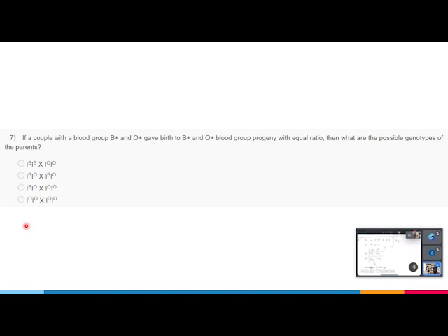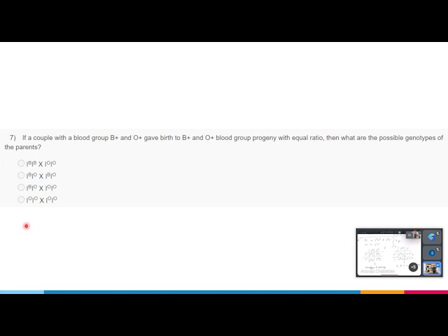But in the second case, crossing IBIO with IOIO, we have B and O in equal ratios, two B and two O. If you notice, two heterozygous B and two homozygous O blood groups.